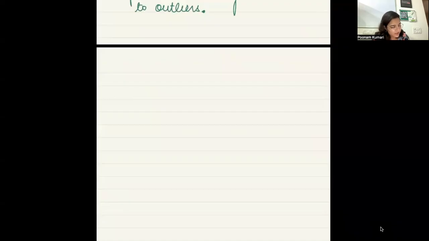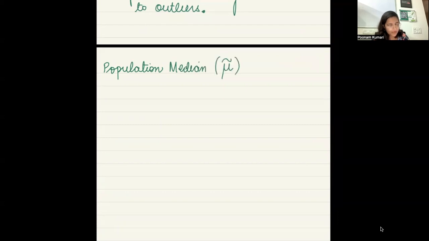So population median is represented by this term. Okay. So whenever you see this, that means they are talking about population median. So median value of your entire population data. Is that okay?